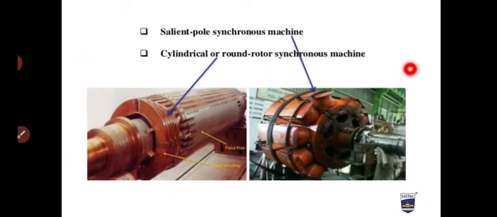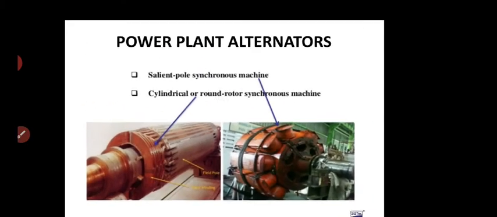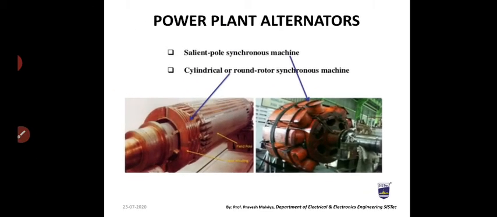In salient pole we can see that the poles are projected outside. These are the heavy pole units, these are projected, and in cylindrical we can see that its outer periphery is quite smooth.